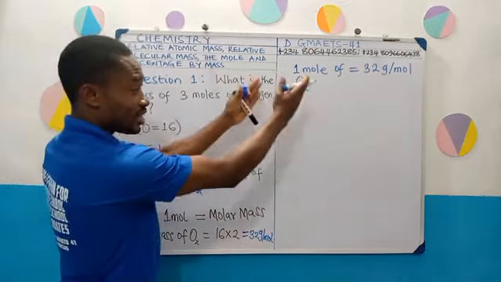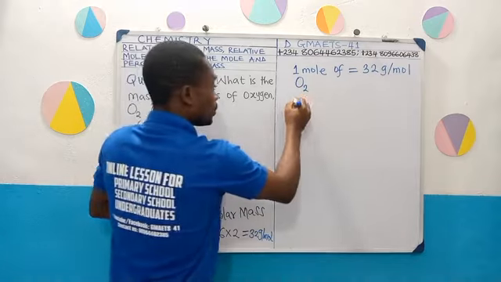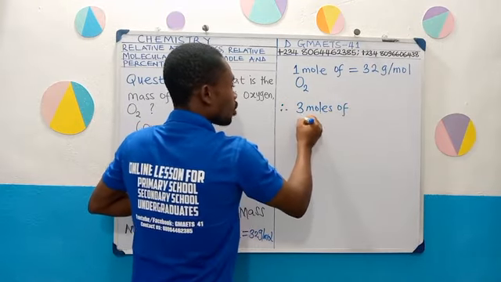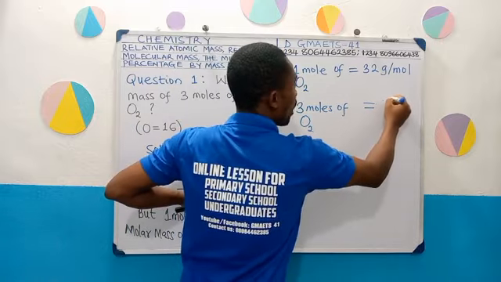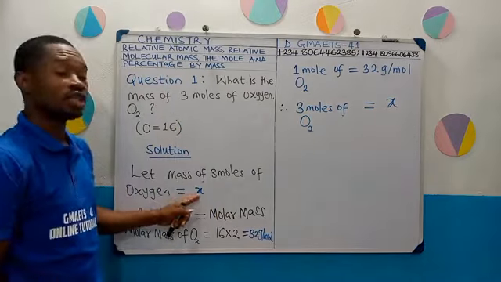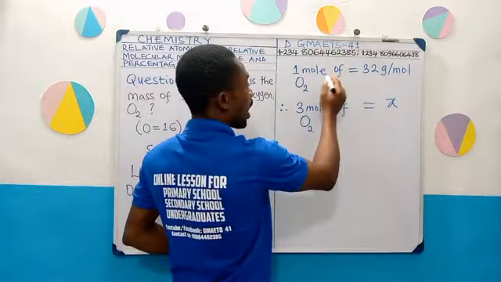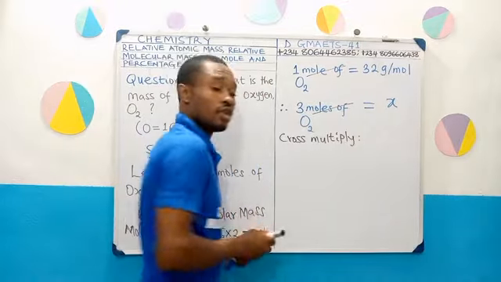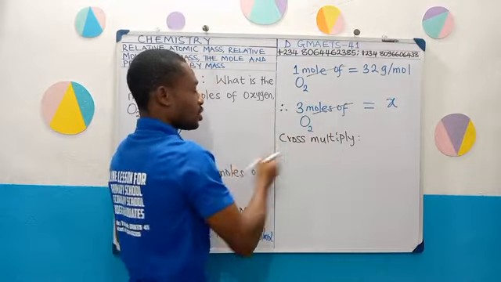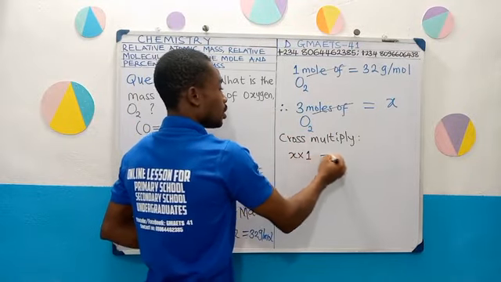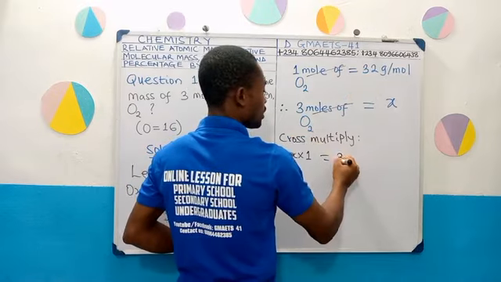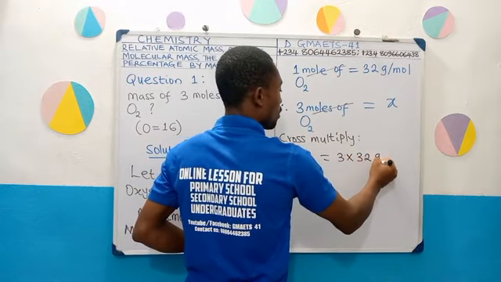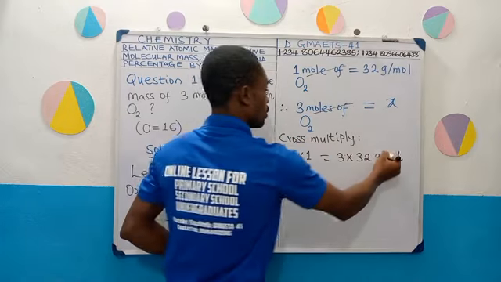Therefore, if I know that this is my standard, 3 moles of oxygen, O2, will be equal to, I don't know. Remember we said it should be equal to X. So from here, what will happen? The mole will cancel out. You now cross multiply. If you cross multiply, X will multiply 1, we get X times 1, equal to 3 times 32 grams per mole.